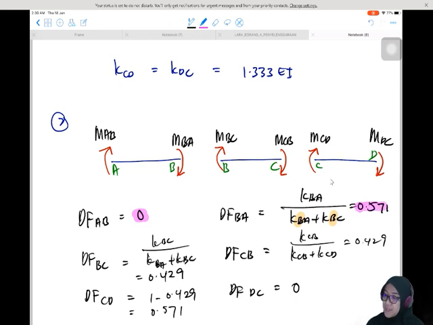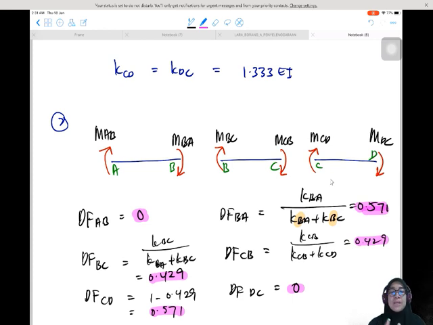This is the distribution factor for BA. This is the distribution factor for BC. This is the distribution factor for CB. This is the distribution factor for CD. And this one is the distribution factor for DC. Okay. Remember step number 1, we determine the stiffness factor.